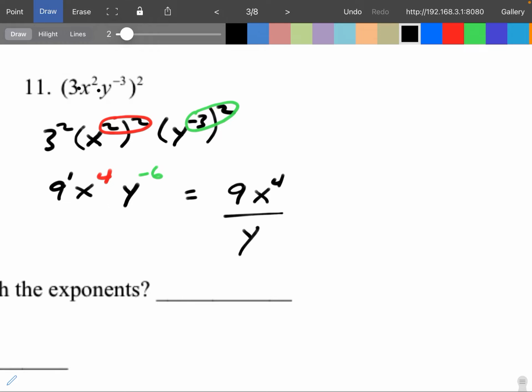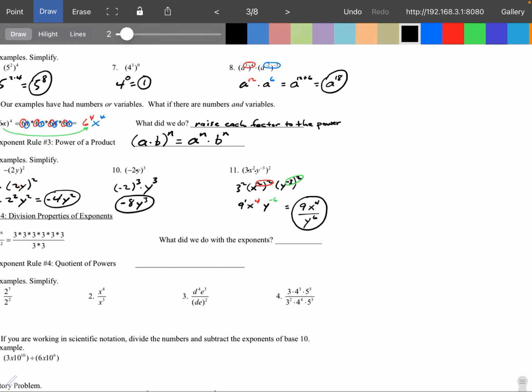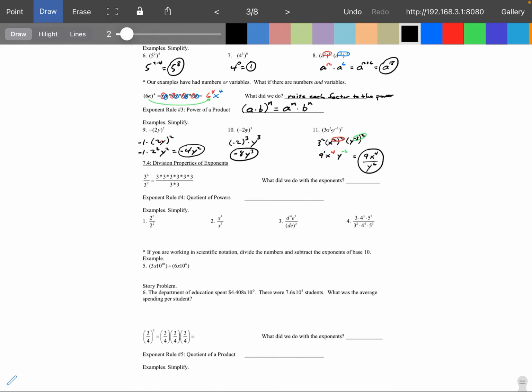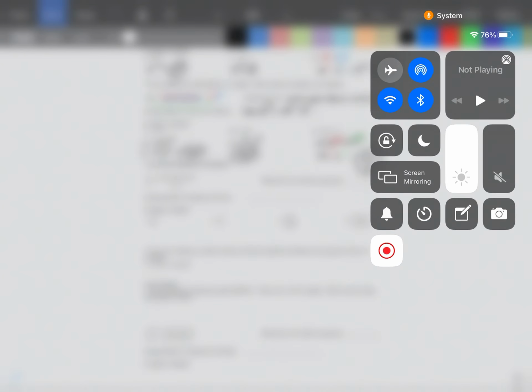Yes, positive 6. So when you move it to the denominator, you change the power from negative to positive. So that's your final answer on that one. And that's all of it, isn't it, or no? Not yet, but soon. So let me stop this recording.